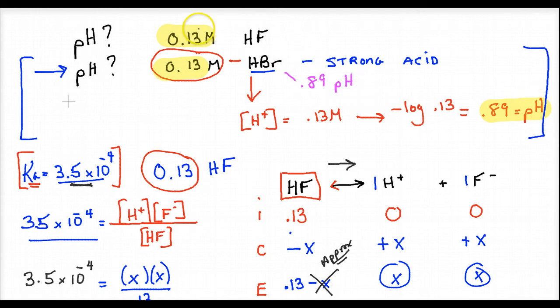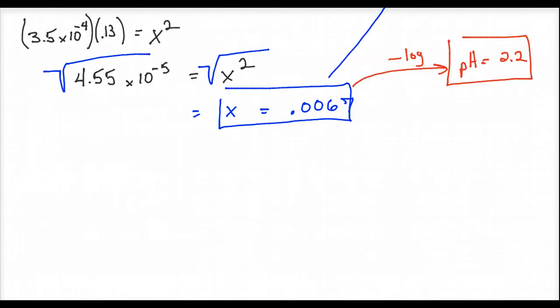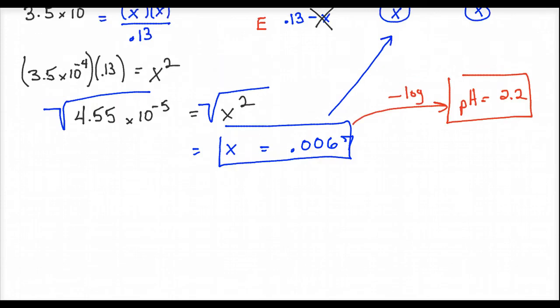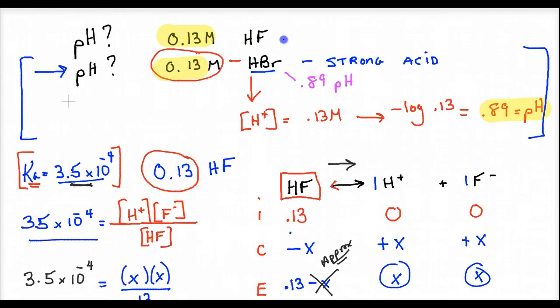And the weaker acid for the same concentration gave me 2.2. So you can see that the weaker acid has a higher initial pH than the stronger acid. But you need to understand that the first one, the HBr problem, I should really say, didn't need an equilibrium to solve because it was complete dissociation. So that's the key to last night's homework.